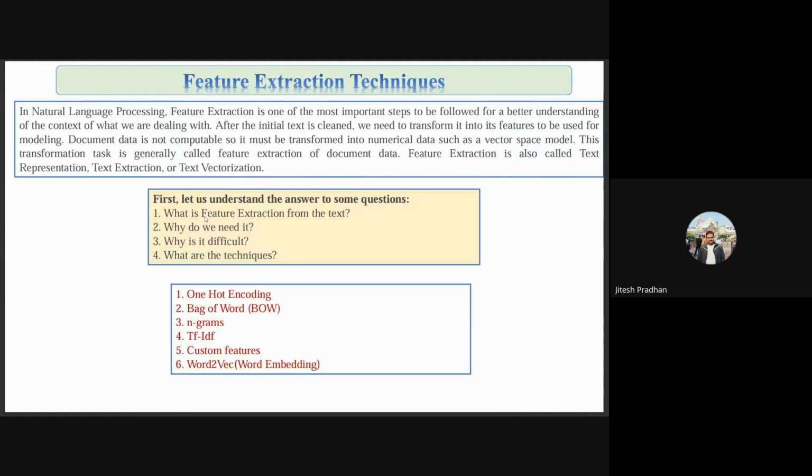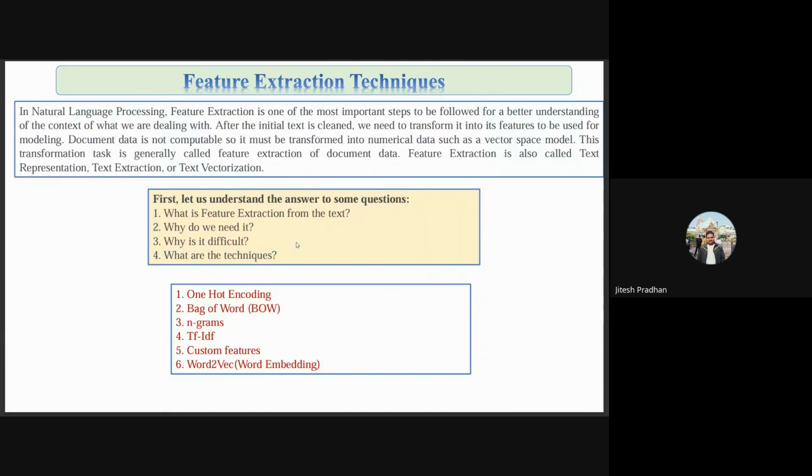So what is feature extraction for text? We have textual data, and that data cannot be directly fed into machine learning, because machine learning models don't operate on textual information. That's why we need some kind of mechanism or technique to represent the text as numerical information. That is feature extraction.